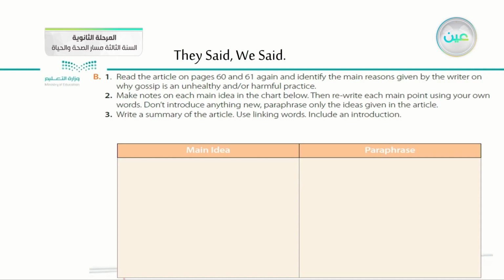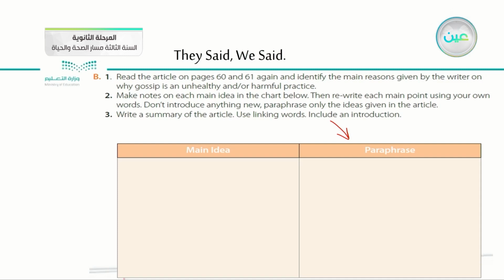There is an important thing that we should put in mind while we do any summary, which is that we have to paraphrase. Why do we paraphrase? Because once we write anything, we are not allowed to use the exact words of the author, because this is called plagiarism.